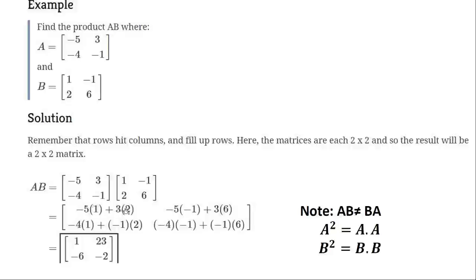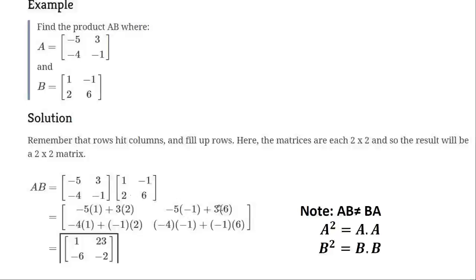That will be the first entry of the resultant matrix AB. And the second entry in the first row will be negative 5 by negative 1 plus 3 by 6.